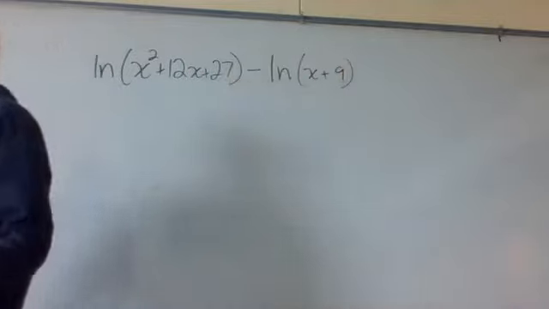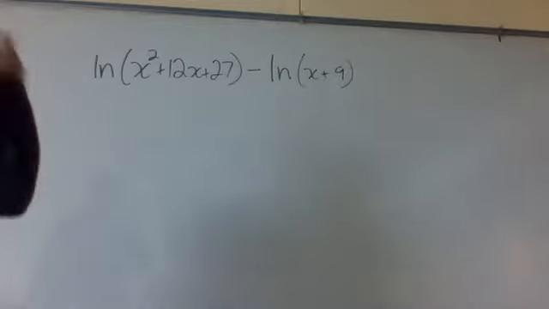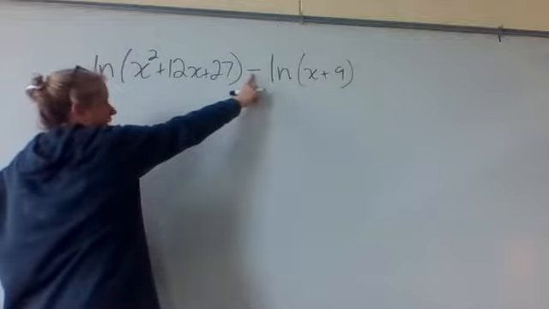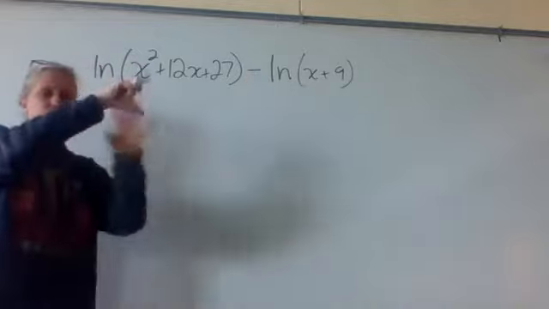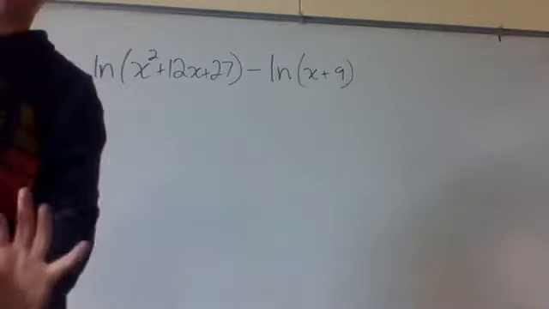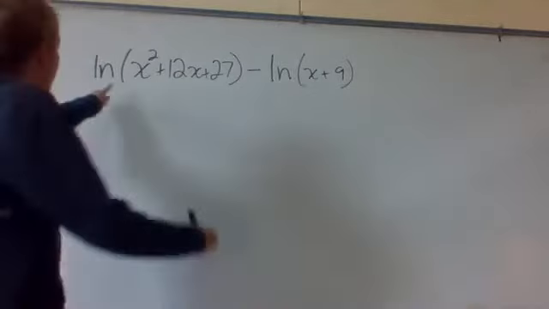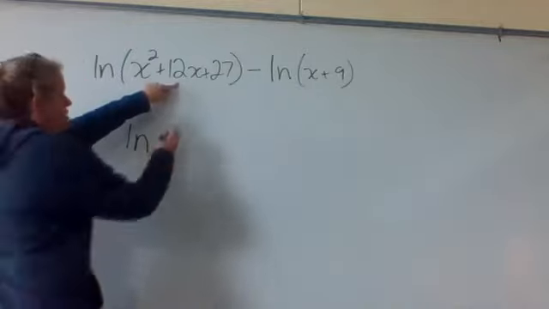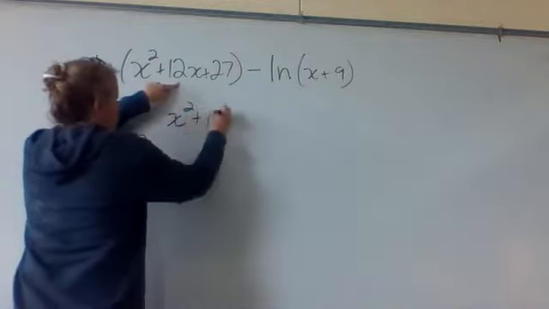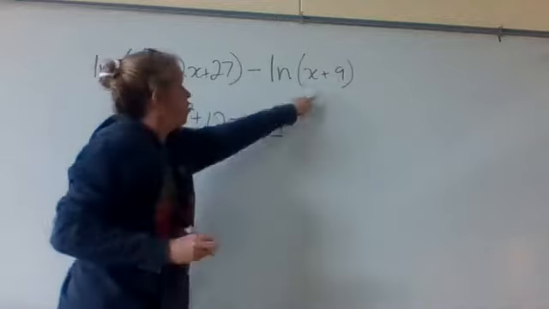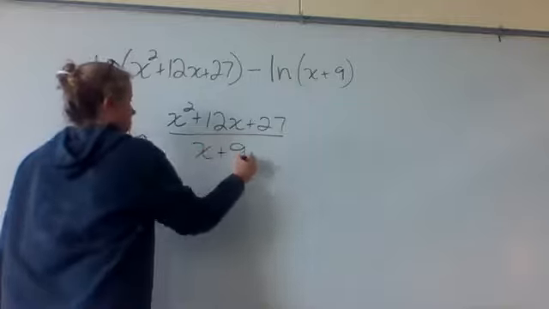So what can you do to simplify this? The first thing I'm going to do is turn it into 1 log or 1 ln. Since it's minus, what does minus convert into when you're turning it into 1 log? The division. So I'm going to have ln. The first one will be the numerator, so x squared plus 12x plus 27 over x plus 9.